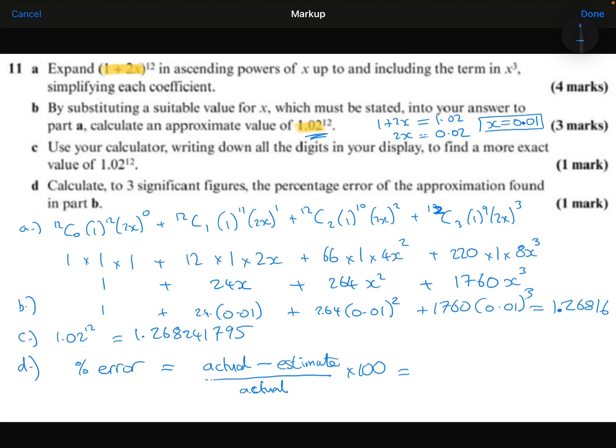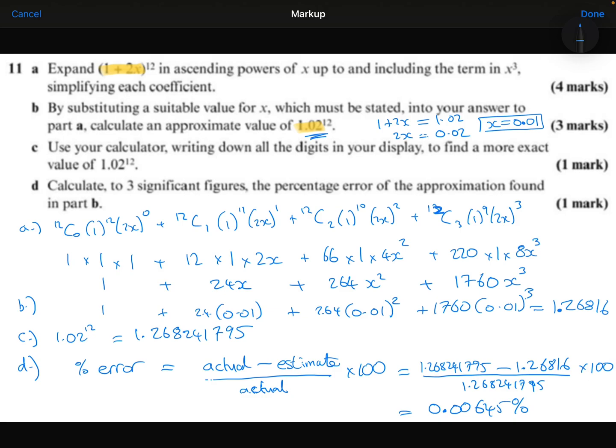So if I take my answer from part C, the 1.268241795, and take away the 1.26816 answer that I found in part B, divide by the actual, multiply by 100, and I find the percentage error is 0.00645% to 3 significant figures.